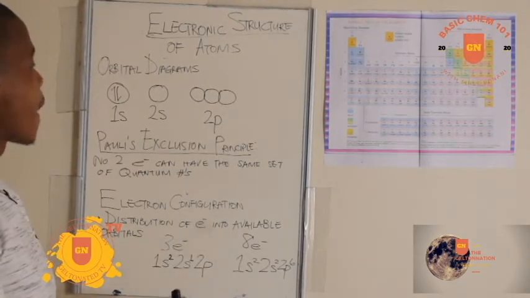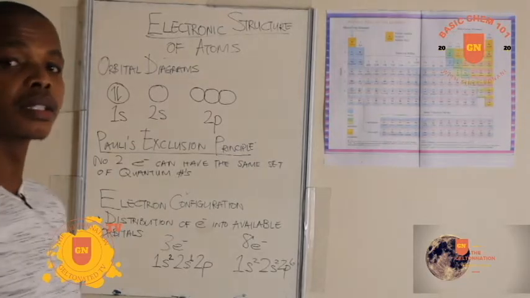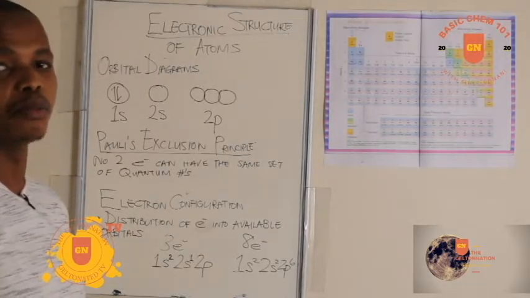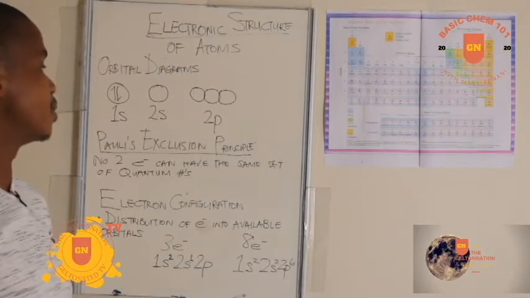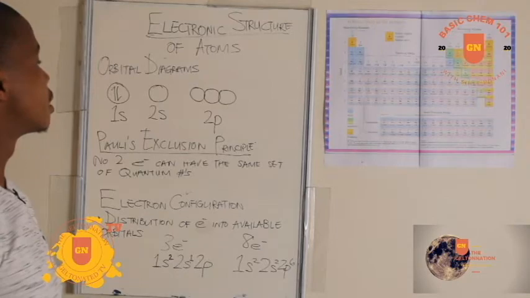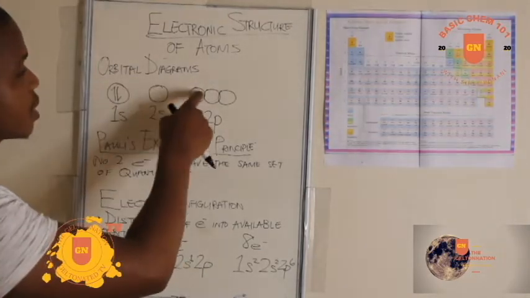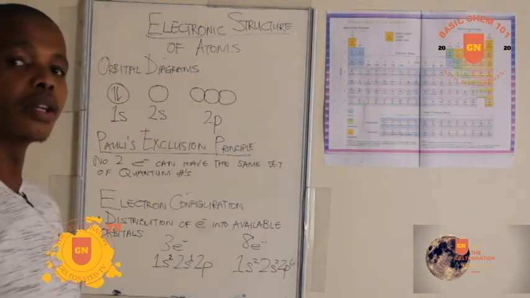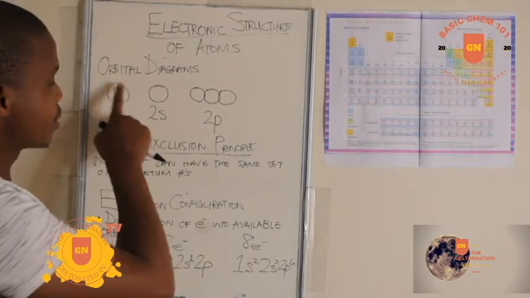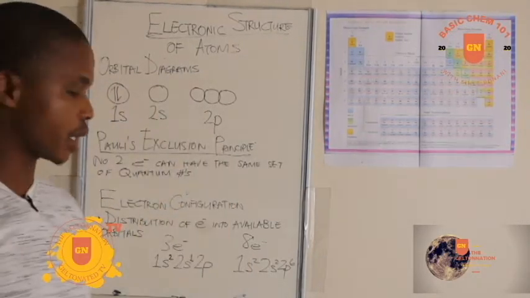So the spin can only be a plus half or minus a half. So that means an orbital, which is these circles in this case, can only accommodate 2 electrons. So if this one is filled, you will have to move to the next one.